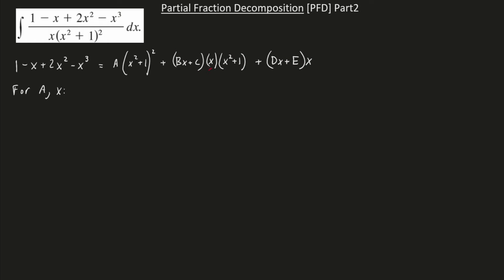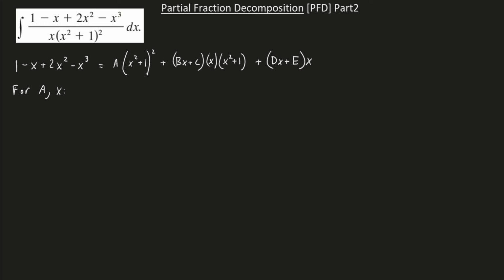And I see that if I plug in x as 0, that will eliminate this dx plus e factor and this bx plus c factor, but also it'll leave this A okay. That'll just be 0 squared plus 1 is 1, 1 squared is just 1, 1 times A is just A. So it looks like all is going well so far.